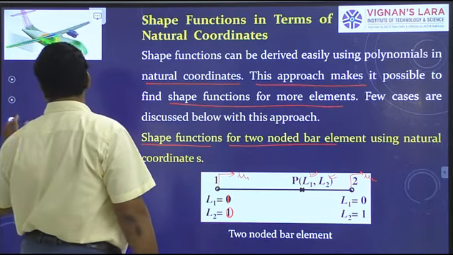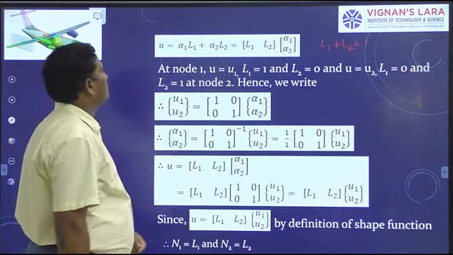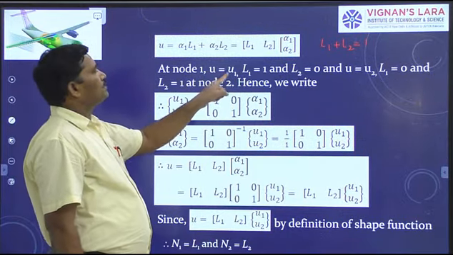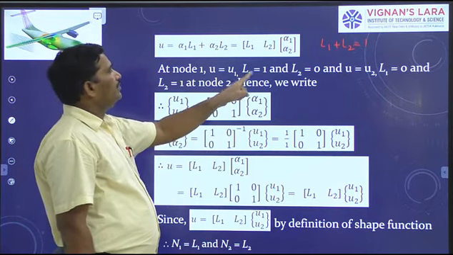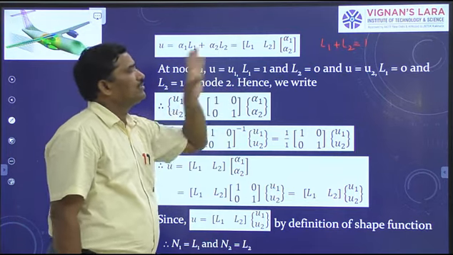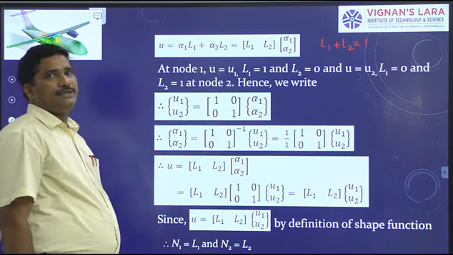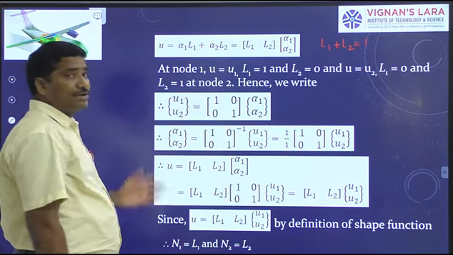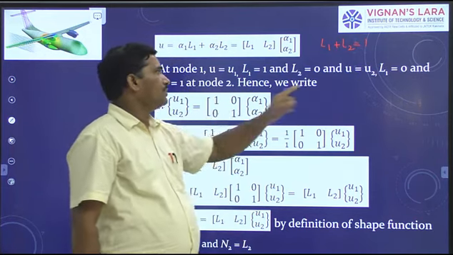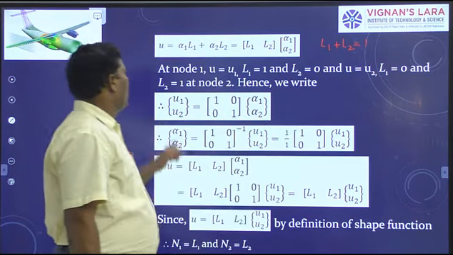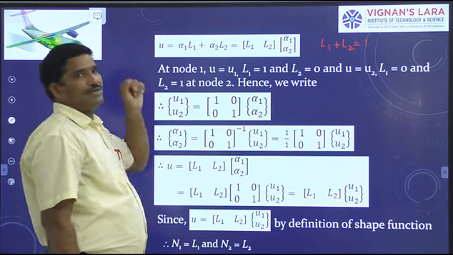We impose these conditions: at node 1, u equals u1, and at the same node, L1 equals 1 and L2 equals 0. Next, at node 2, u equals u2. Therefore, L1 equals 0 and L2 equals 1.